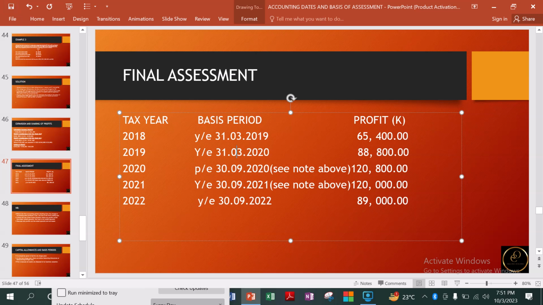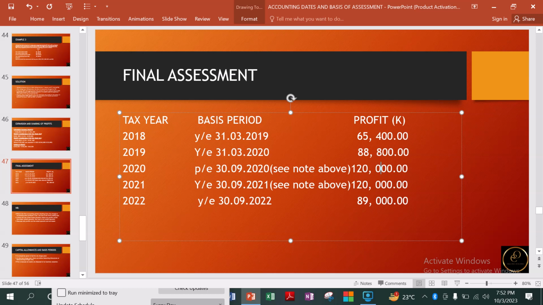Then the next one involves the split. It covered 2020 through to 2021. We scaled up the profit to a 24-month period and split it into two to be shared by the two accounting periods, because there was no accounting period in between. So 2020 gets 120,000, and 2021 also gets 120,000.